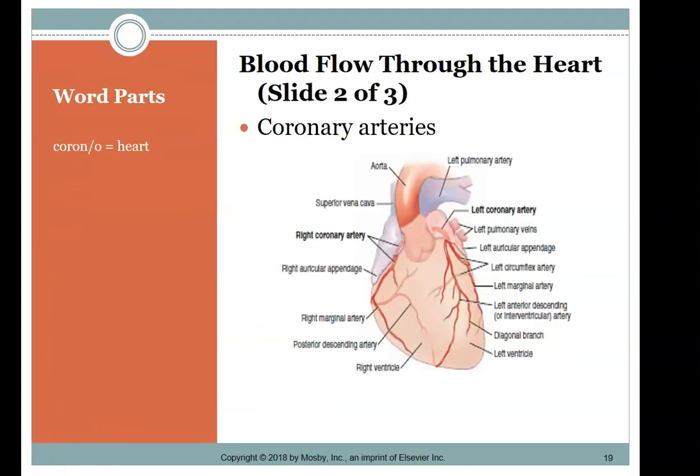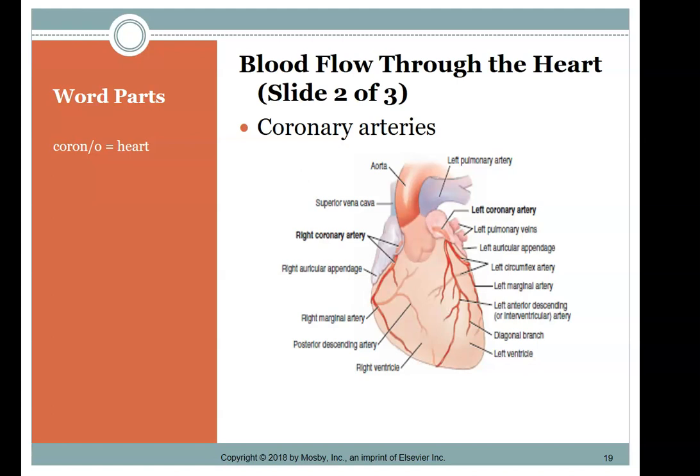The heart muscle has its own dedicated system of blood supply, the coronary arteries. The two main coronary arteries are called the left and right coronary arteries. The right coronary artery branches to form the posterior interventricular descending artery, which divides to form the atrioventricular artery, and finally the posterior septal artery.